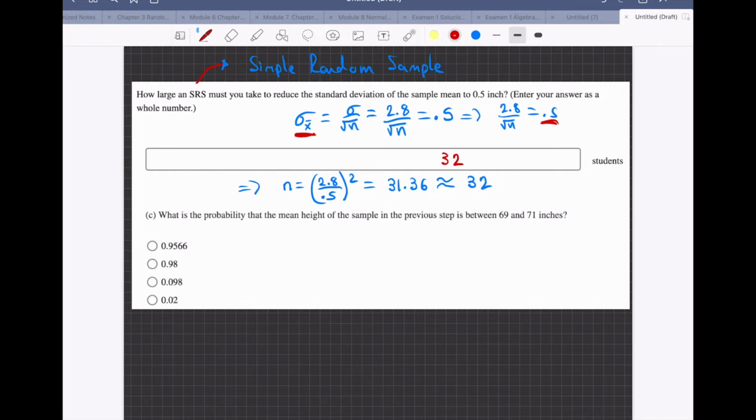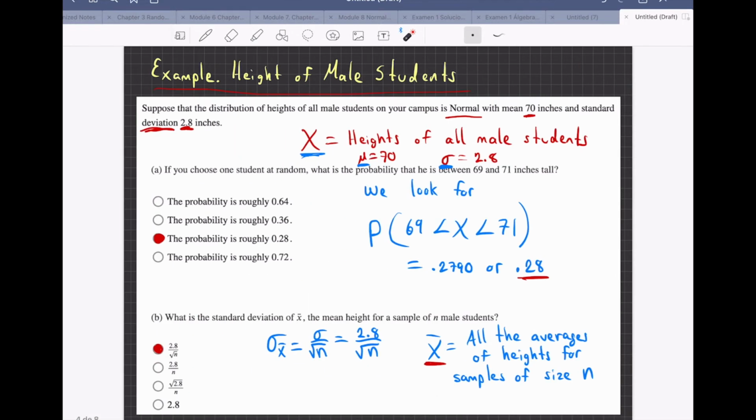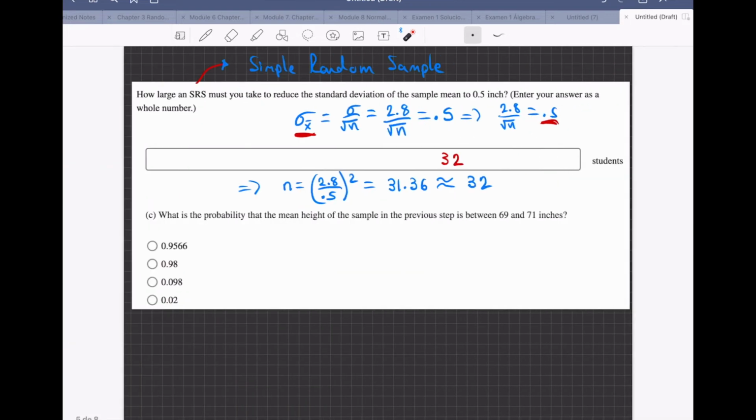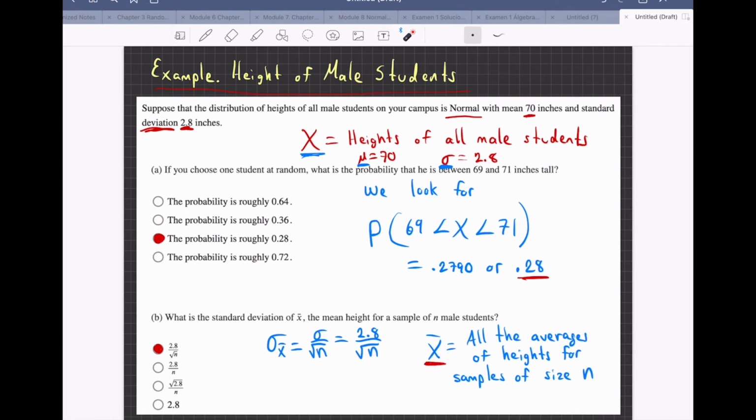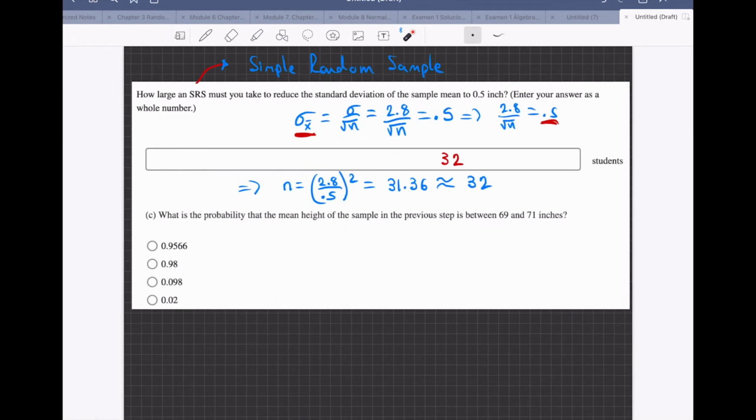Now, what is the probability that the mean height of the sample in the previous step is between 69 and 71? In this case, notice it's not the same question, right? It might look similar, the first question to the last question. Here we're using the x only, but in the next question we have to use this x bar. So we look for the probability that x bar is between 71 and 69.